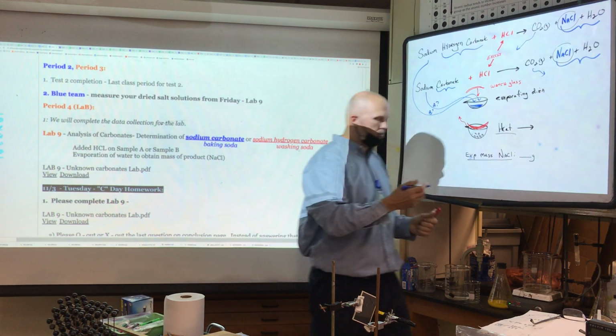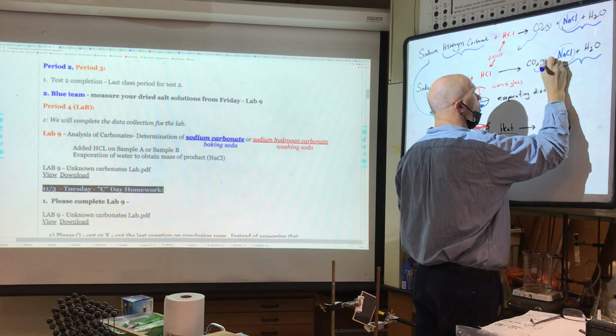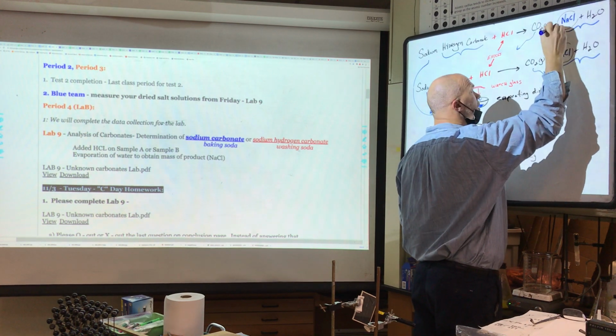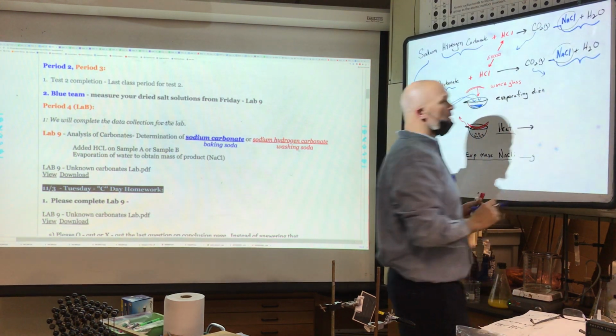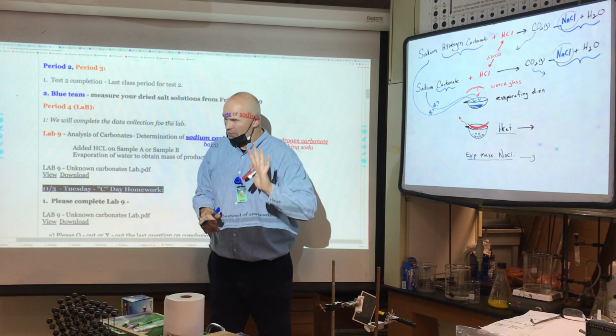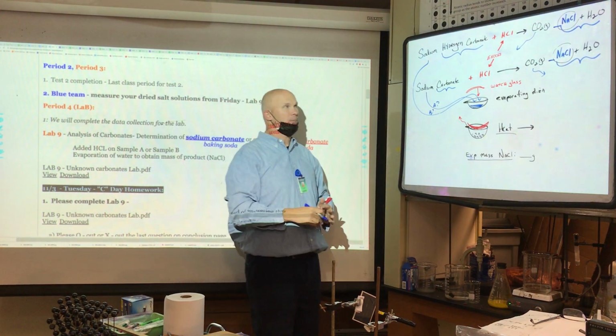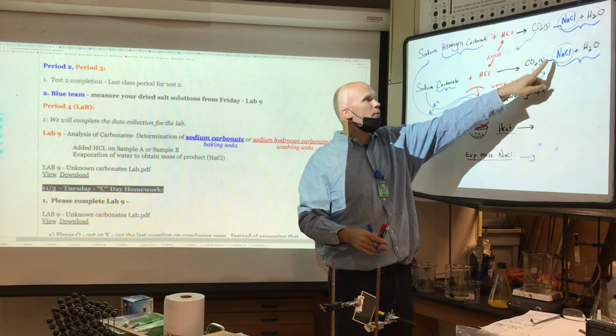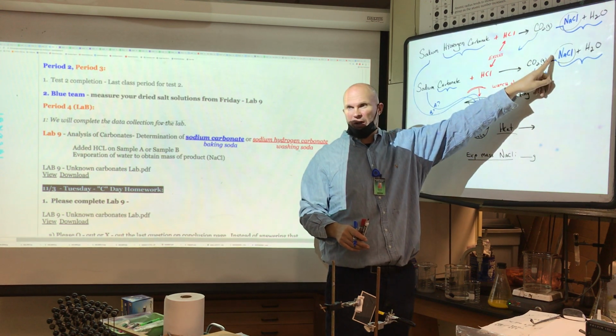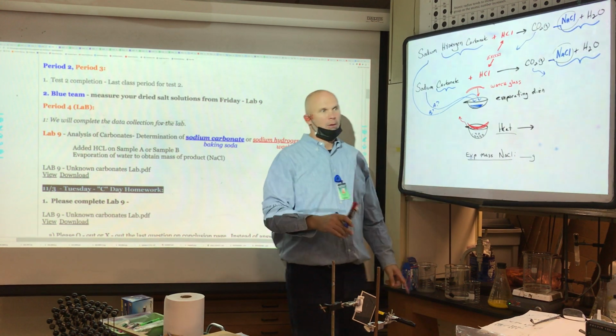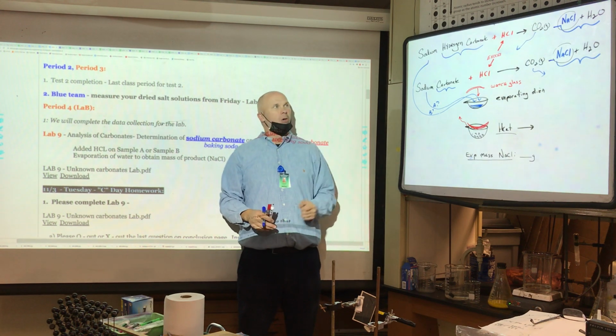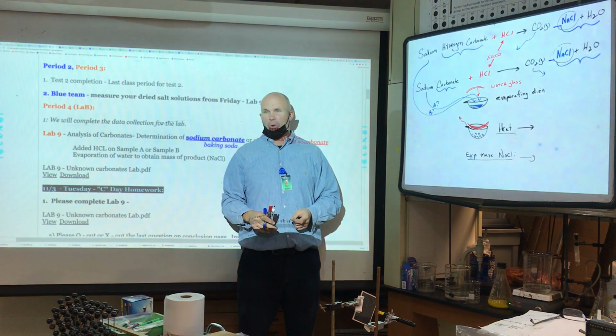You will notice, party people, that there will be a different stoichiometric ratio here of NaCl. These reactions are very, very similar, but not the same. One of these two will have a different stoichiometric ratio for NaCl, which means we're going to produce more NaCl for one of the two salts.